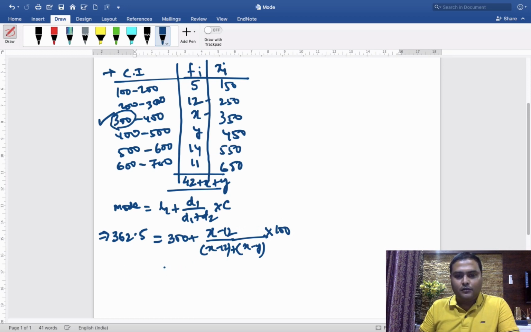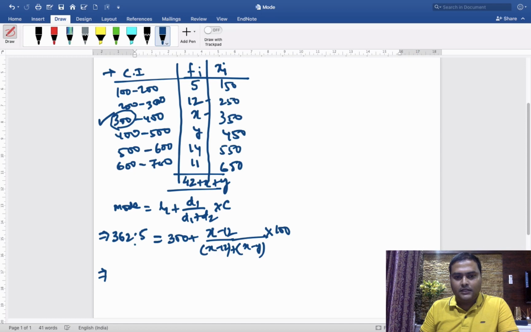If we calculate and solve this, we'll get 300 plus (x minus 12) divided by (x minus 12 plus x minus y), so 2x minus y minus 12, into 100.